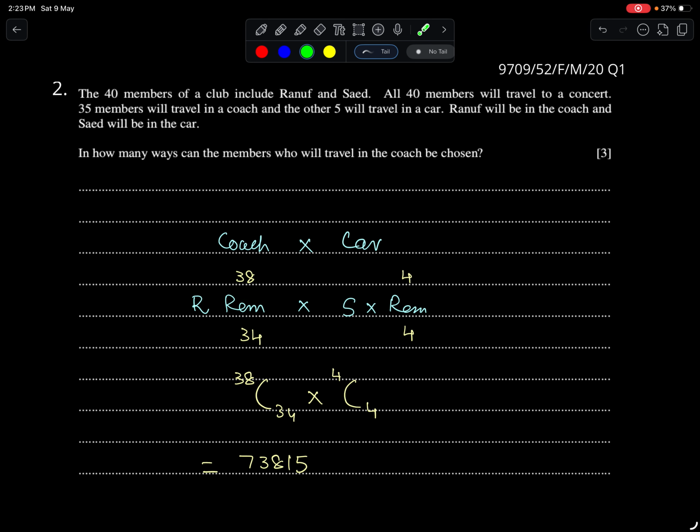So out of 38, the leftover 4, 4C4. 1, 1. So this will make 35 in the coach, and this will make 5 in the car.